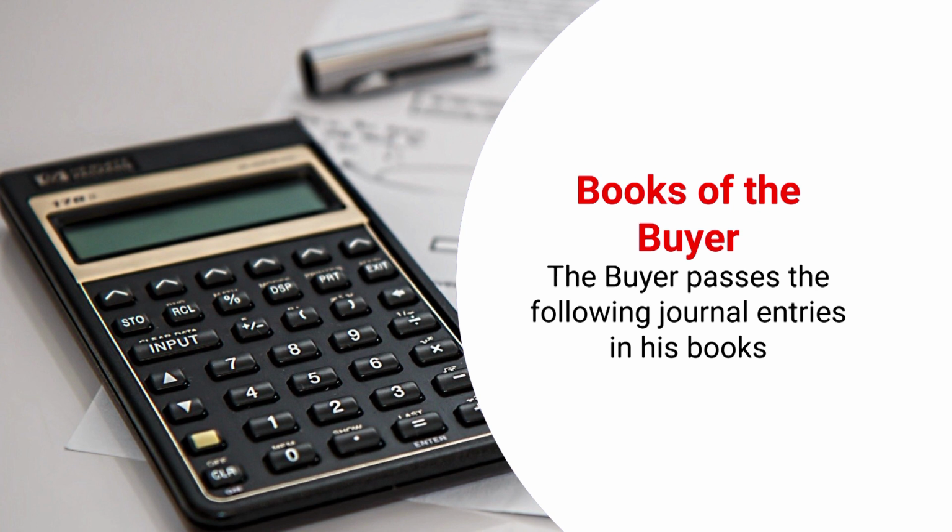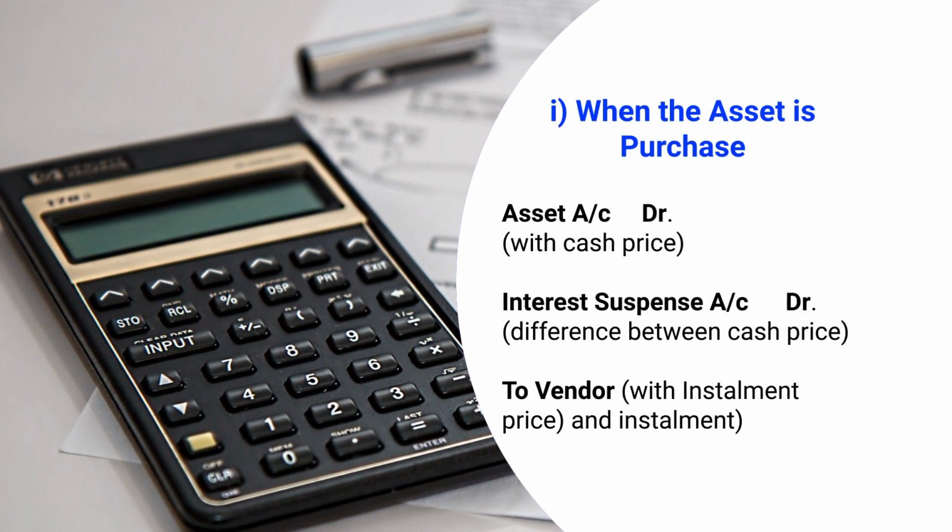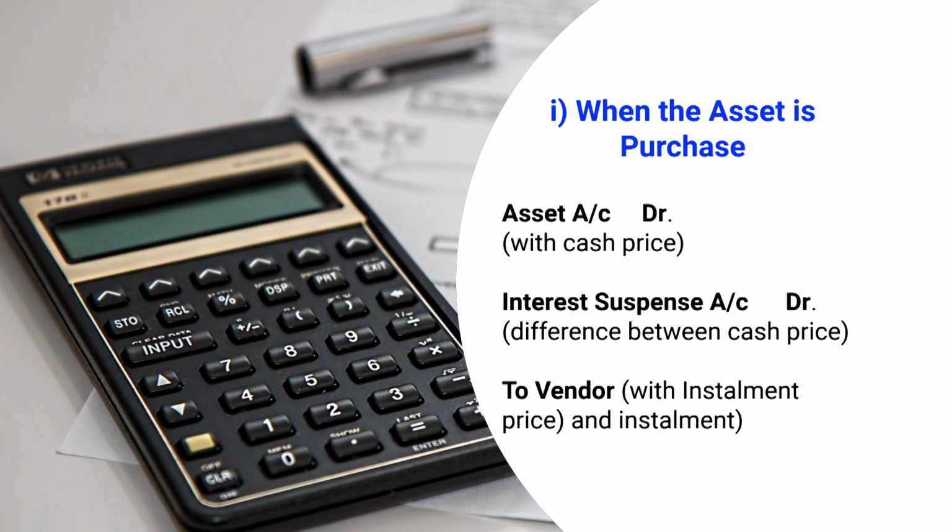So the journal entries to be recorded in the books of the buyer are as follows. The first one is when the asset is purchased. So when the asset is purchased by the buyer from the vendor under the installment payment system, the buyer will make the first entry: asset account debit, interest suspense account debit, to vendor.